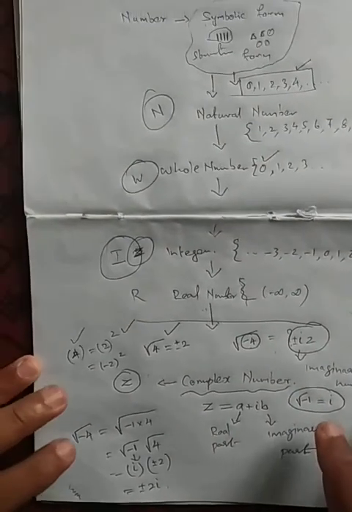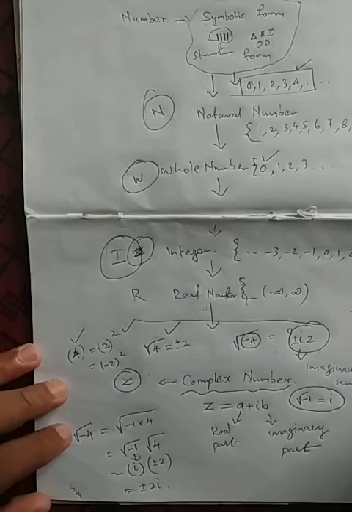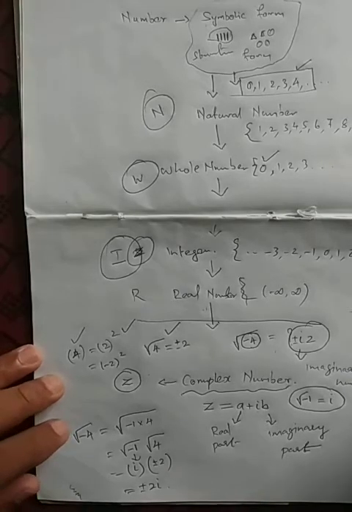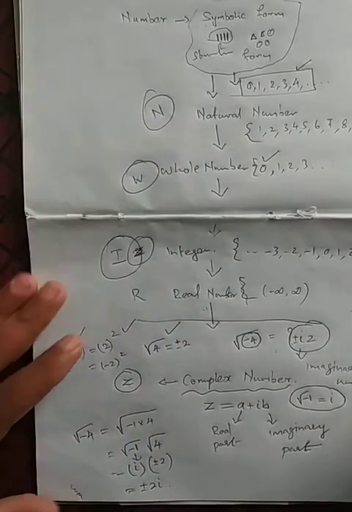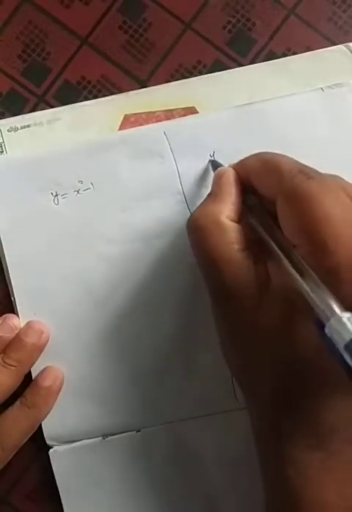Now I want to explain this a little graphically, so that it's going to be useful to you. You can see in your book this example is also given. I want to do the same. It's a simple thing. I am writing here y equals x squared minus 1, and here y equals x squared plus 1.